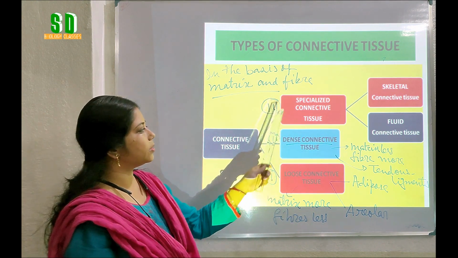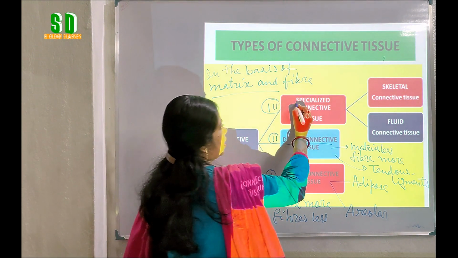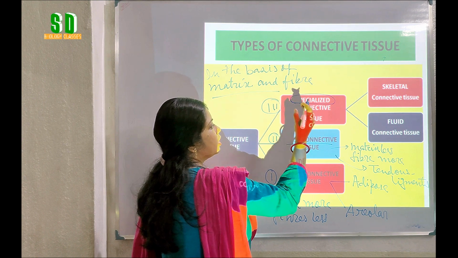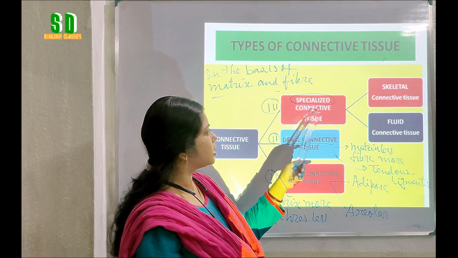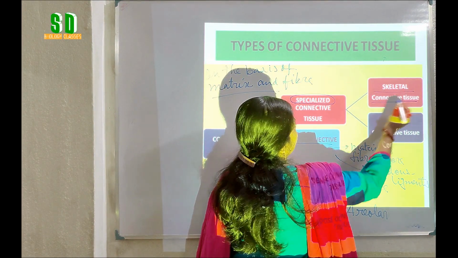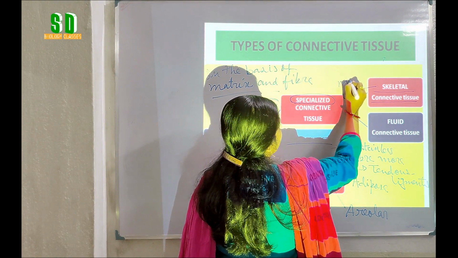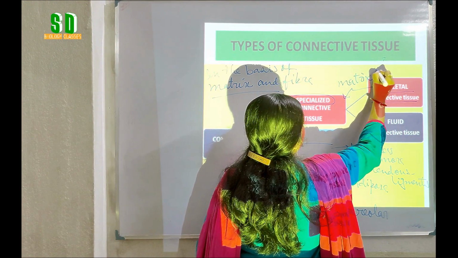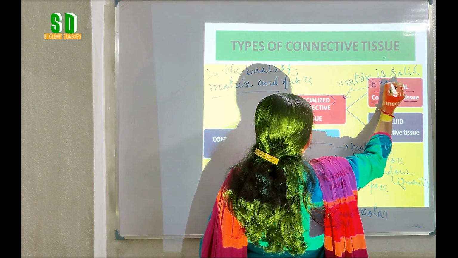Now another type of connective tissue is called the specialized connective tissue. From the name we can understand that we get some special features here. What are those specialized features? In the case of skeletal connective tissue, that is one type of specialized connective tissue, the matrix is solid with minerals.